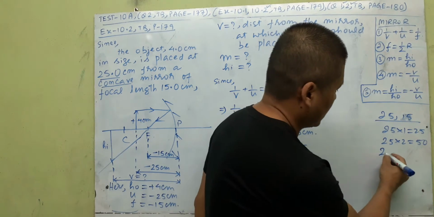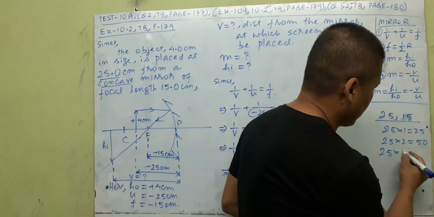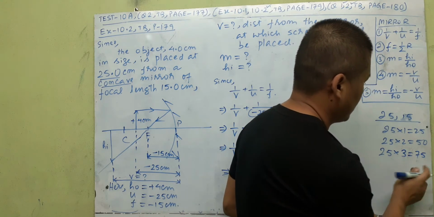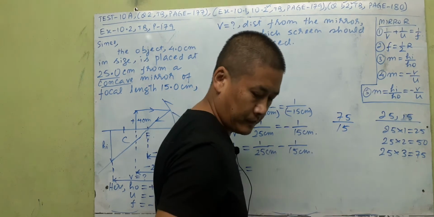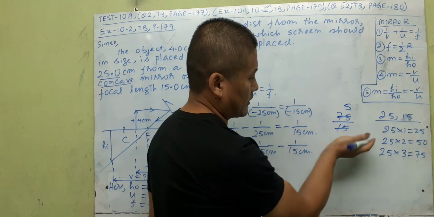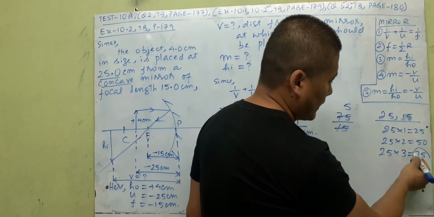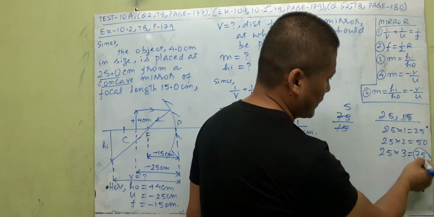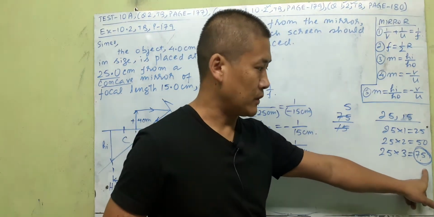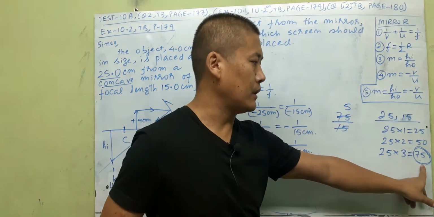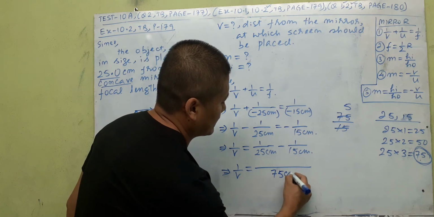So go to the third, continue like that. 25 threes are 75. Is 75 going with 15? Let us try. 15 fives are 75. So the first multiple of the bigger number that is also going with the smaller is the smallest common multiple, which is also called least common multiple, LCM. So LCM is now 75. So we write here 75 centimeter.